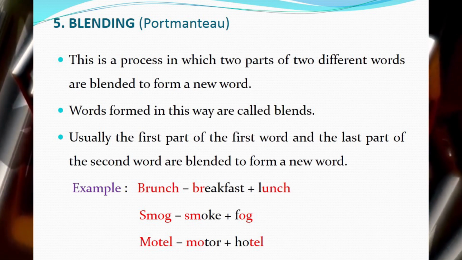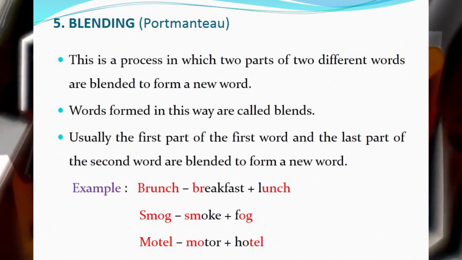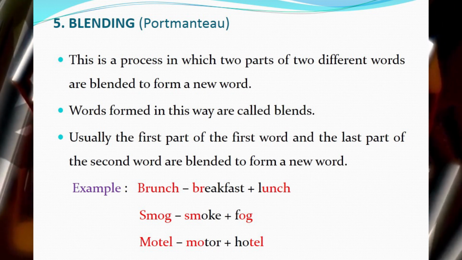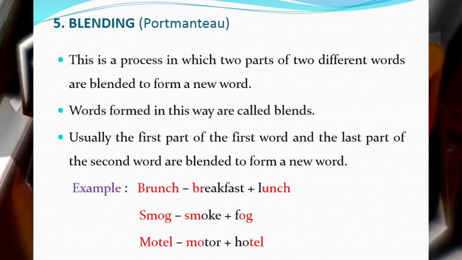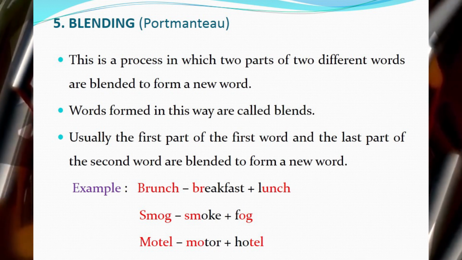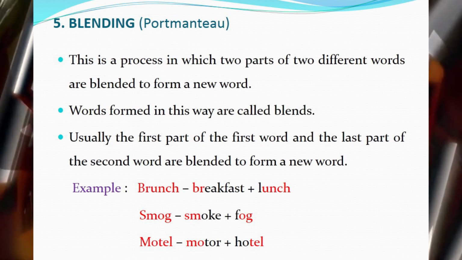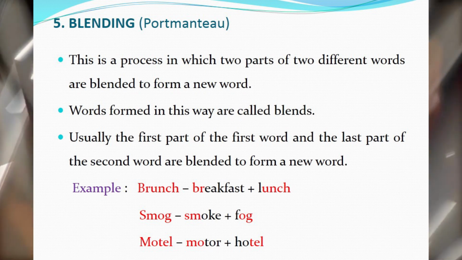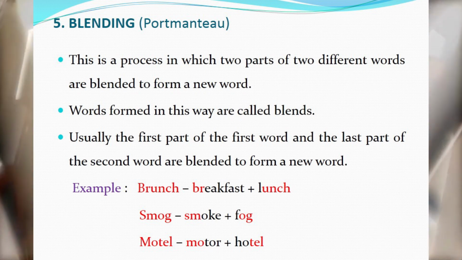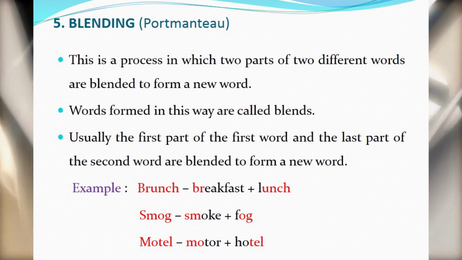The first part of breakfast, BR, and second part of lunch, UNCH, are blended together to form brunch. In the same way, the word smog is blended from smoke and fog, and motel is blended from motor and hotel.